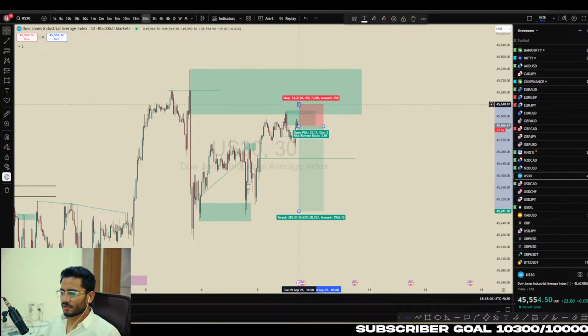Stop loss, keep your stop loss above this high. So this is our first target, not first target, but we'll put our stop loss to break even after this when price taps this. So what can happen?